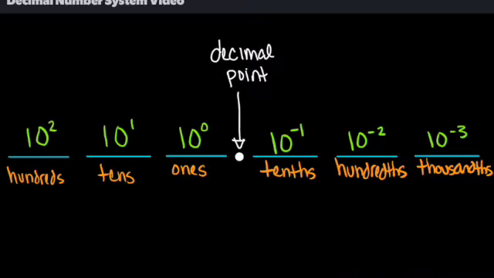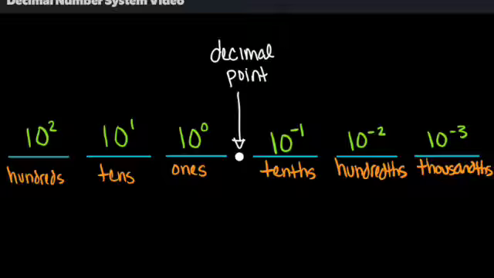So this is how we get the names of our place values. They are based on the values of the powers of 10. 10 to the negative 1, 10 to the negative 2, 10 to the negative 3, and that goes on forever to the right, just like our place values to the left of the decimal point go on forever to the left. They follow this same pattern, moving to the right or moving to the left.